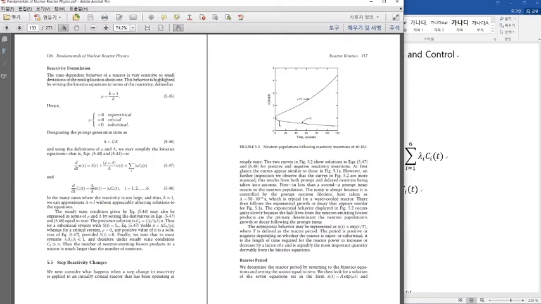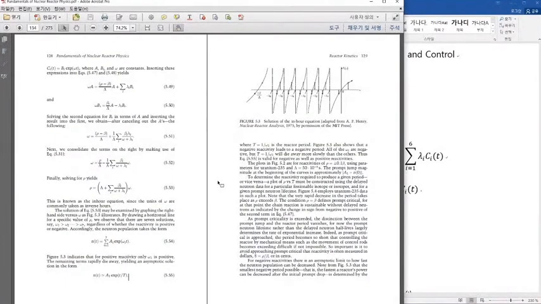But eventually, as time passes by, the solution will gradually follow the omega 1 t form. The remaining terms rapidly die away.